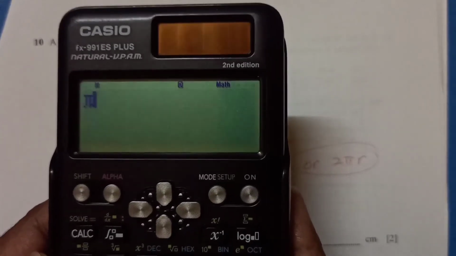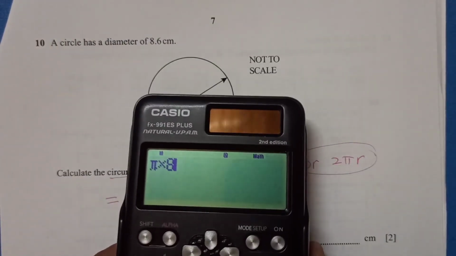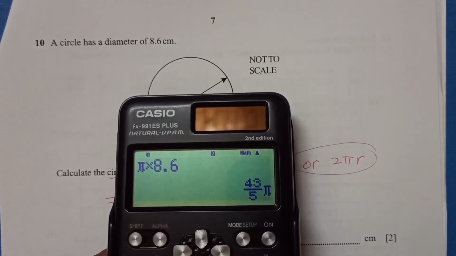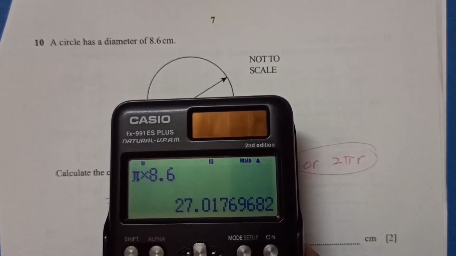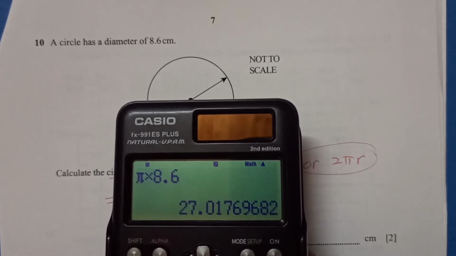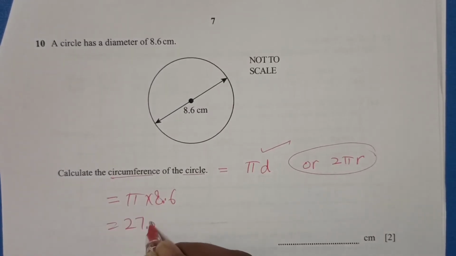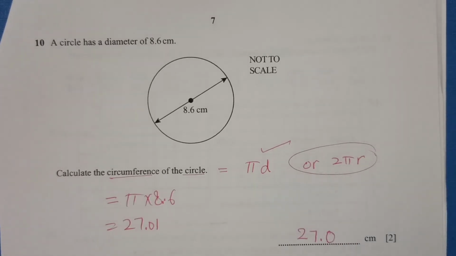Shift, this is pi here, pi times 8.6. The answer is 27.01. We can write down 27.01, or we can round it to 27.0 centimeters, right? So that's it for this question.